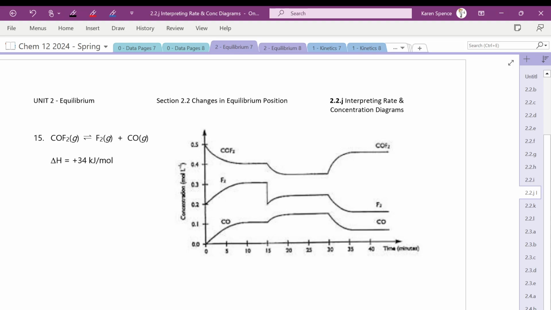Okay. So we're going to tell the story of what happens at t equals 0, time 0. We place, what do we place in our flask?